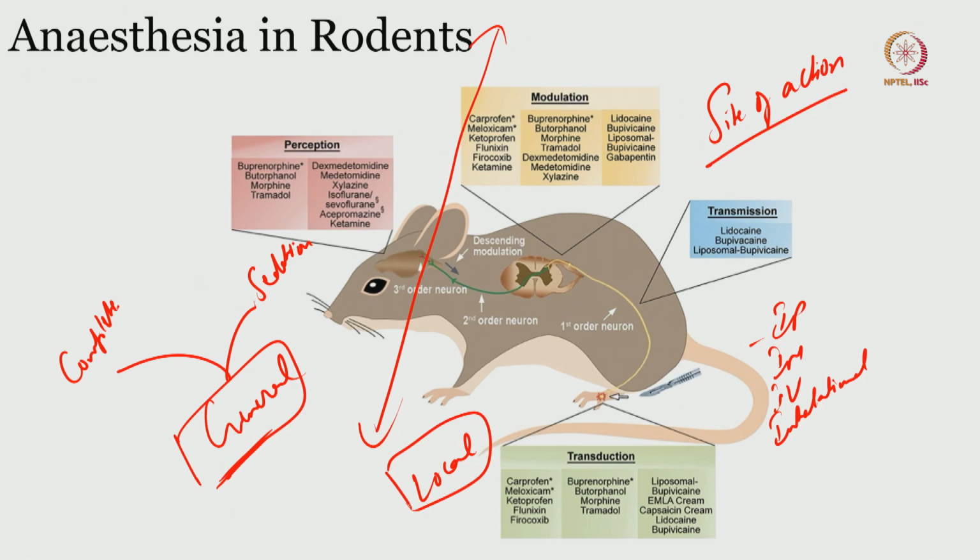So, for general anesthesia to act, it has to act on the central nervous system, always on the brain. It has to numb the brain and reduce the activity in the brain to cause general anesthesia, which will take care of analgesia and unconsciousness.